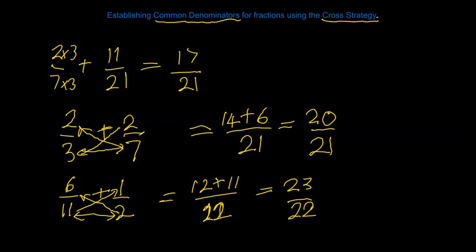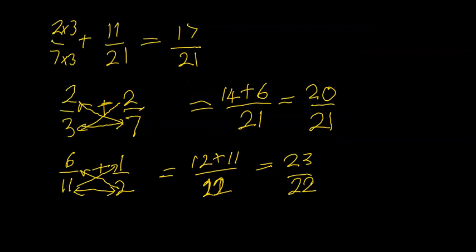Let's do some more. All right, so let's say we have 7/9 plus 3/5. Right here, we notice the same thing, right? One is not a multiple of the other, or one is not a factor of the other. So we use the cross strategy, right? The first move, horizontal.